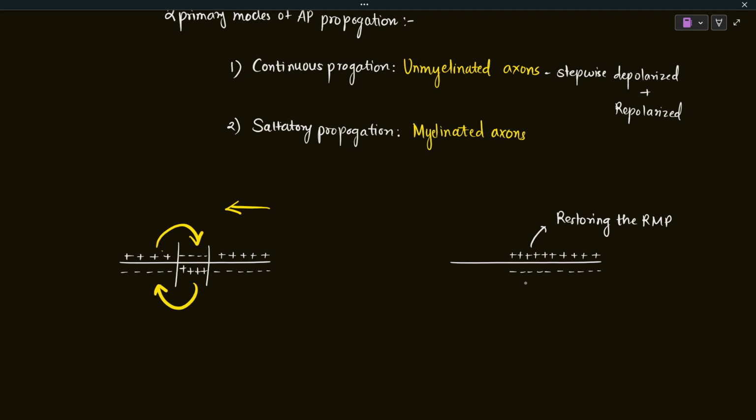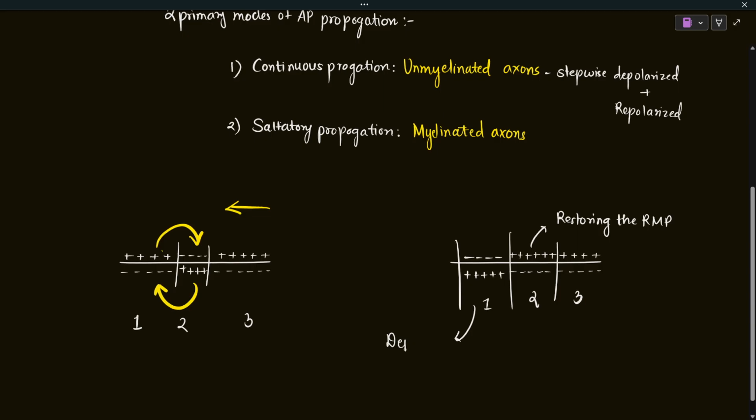Let's call these segments 1, 2 and 3. Once the resting membrane potential is restored in the second segment, the charge separation in the first segment will change. Now the extracellular side of the first segment will get negatively charged and the intracellular side will get positively charged. So now this first segment is depolarized.